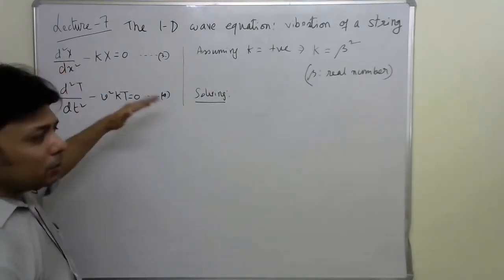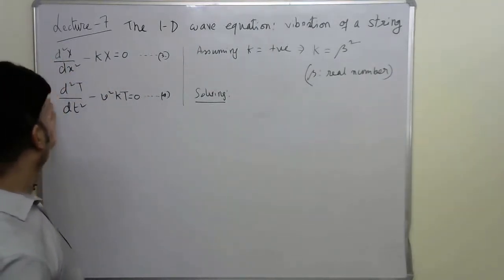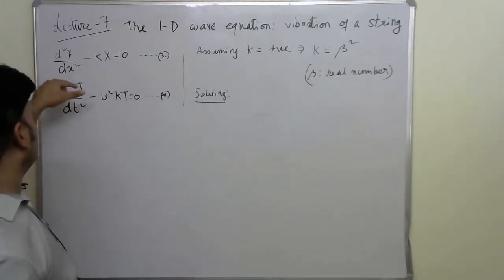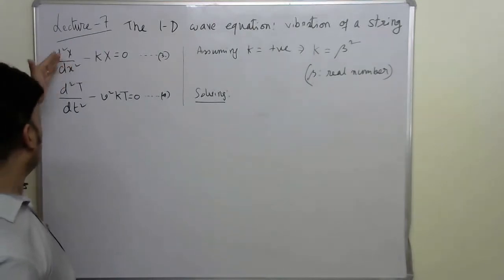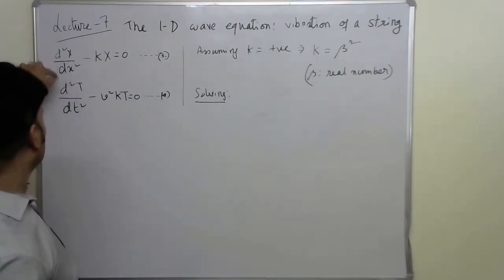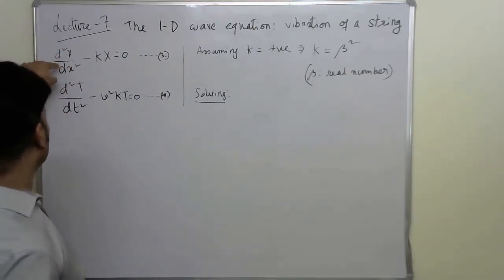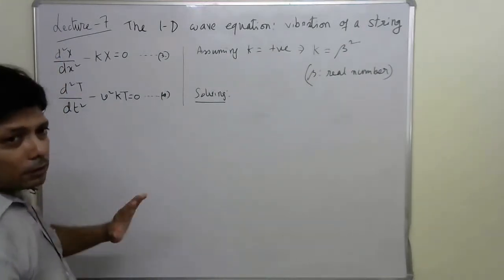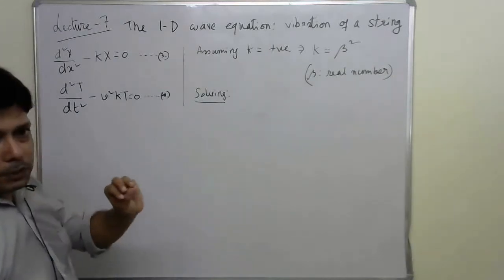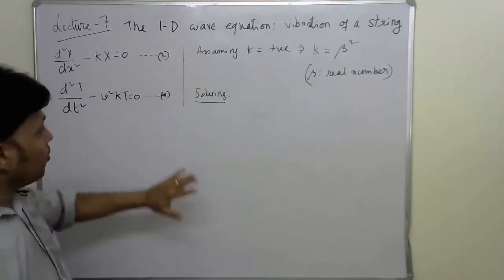Probably last time I used partial derivatives, but these are simple ordinary derivatives, so this d rather than delta should be used. If I have used it wrongly, it's some technical mistake, but there is no major problem on that.